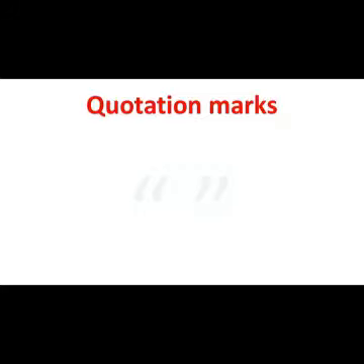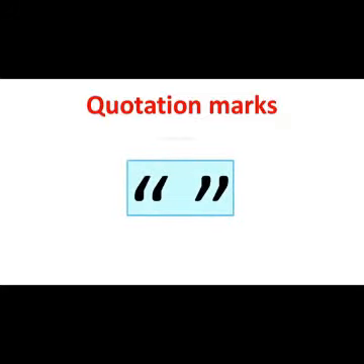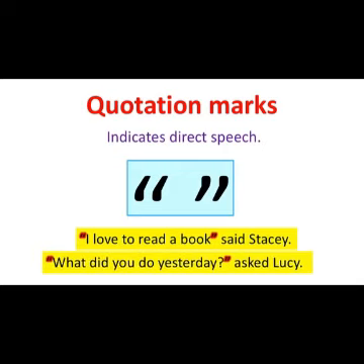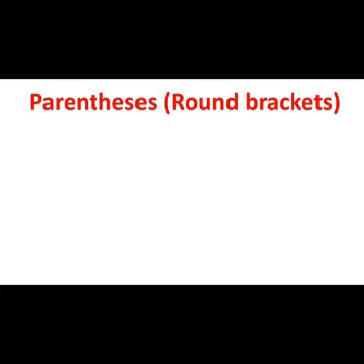Quotation marks. Quotation marks indicate direct speech. For example, I love to read a book, said Stacy. What did you do yesterday? Asked Lucy. These are examples where quotation marks are used to indicate the direct speech. Parenthesis, or more commonly known as round brackets.